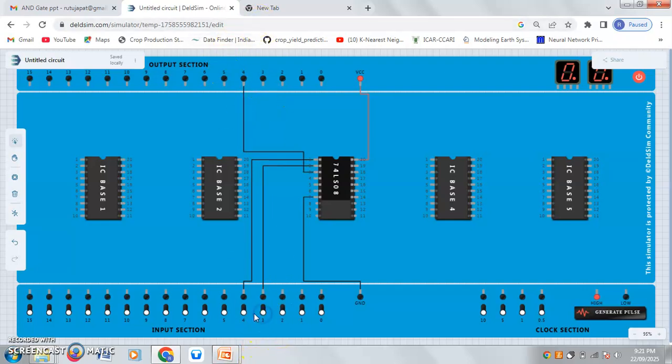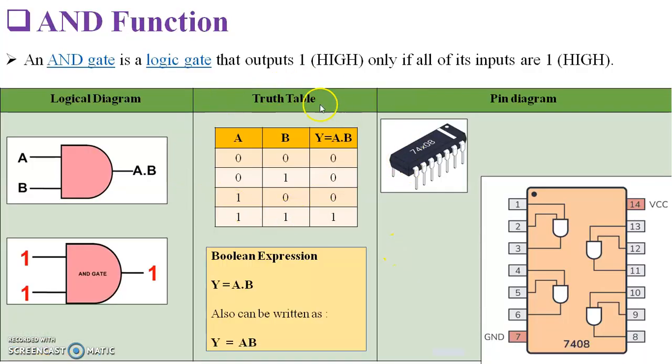If I now make this 0 and this 1, then 1 multiplied by 0 is also 0. And if I now make both the inputs 1, the output becomes 1. The LEDs turn red. This is how we prove the truth table of AND gate using the Deldsim simulator, right? So this particular table has been verified with the help of this Venn diagram, and this is the expression.